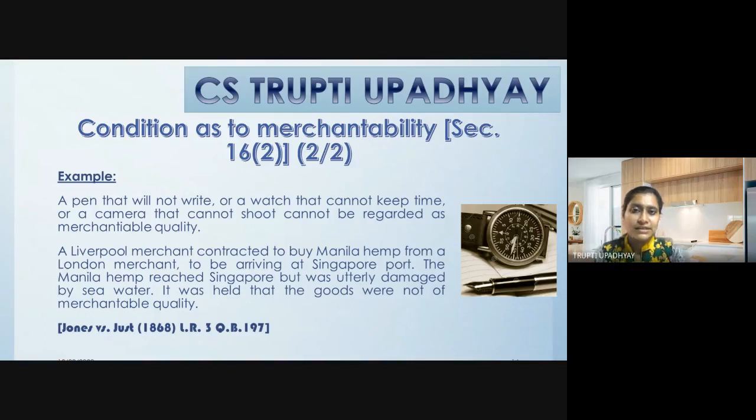It was held that these goods are not of merchantable quality, because if the buyer takes those goods, he will not be able to find any other buyer, and will not be able to sell those goods in the market and get the full value of it. So these goods are no more commercially sellable or merchantable, and that's why the goods were rejected and the contract was cancelled.